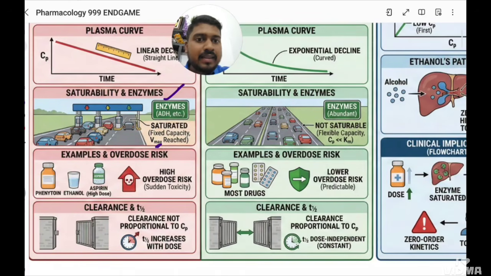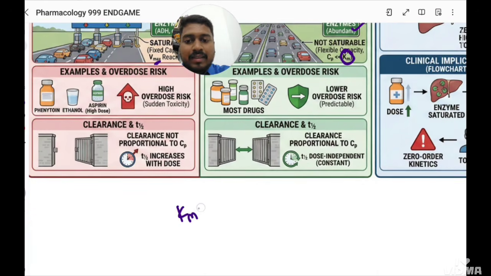Whereas in first order kinetics, there is no toll gate, so traffic can go unlimited. If more traffic is there, there is so much space to accommodate it. So here it is not saturable, enzymes are abundant, and the plasma concentration is very less compared to Km. What is Km? Km is the Michaelis-Menten constant.